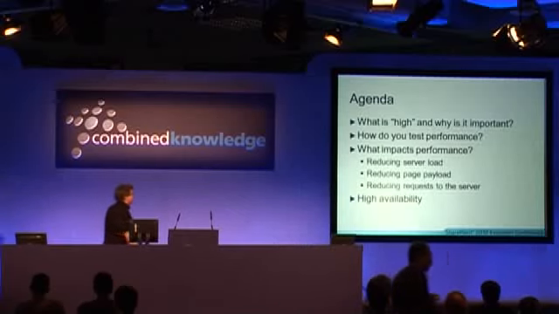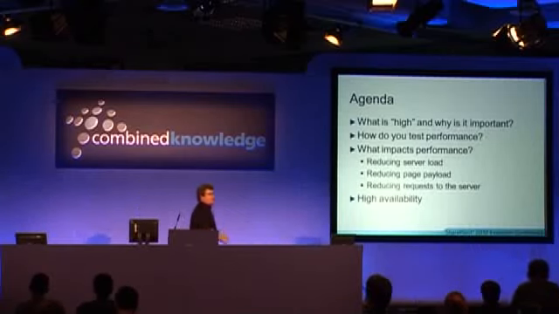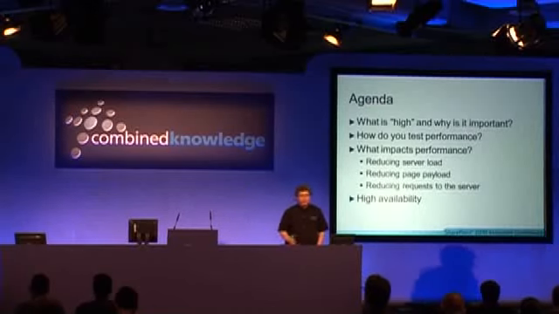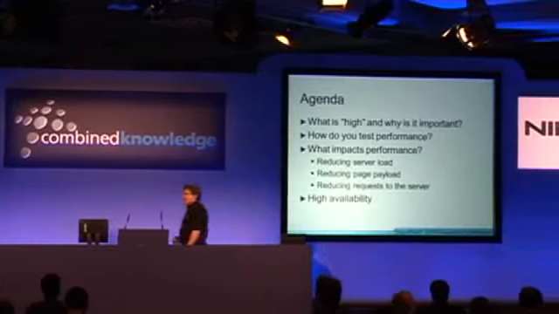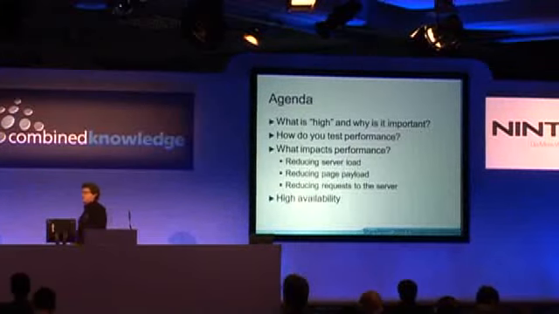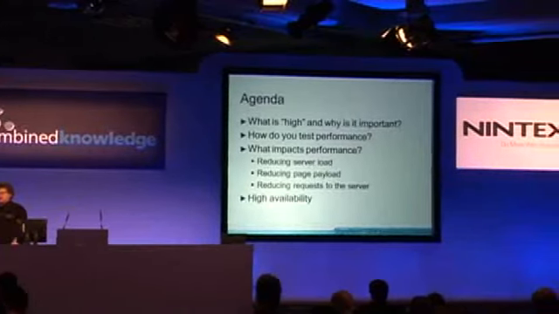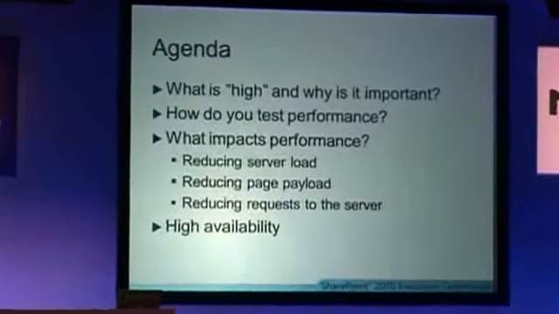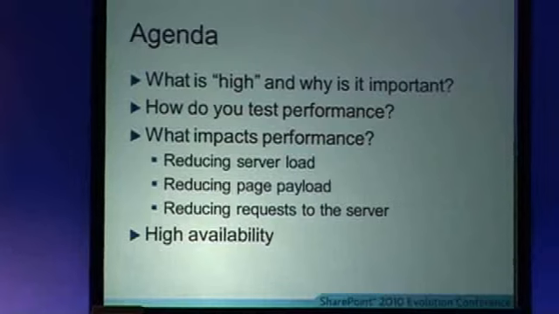So what I'm going to talk about today is what I mean by high scale and high availability. Why is it important? How do you test for performance? And what are the factors that are going to really impact on the performance of your site? What should you be looking at? I'm going to focus on three main areas.